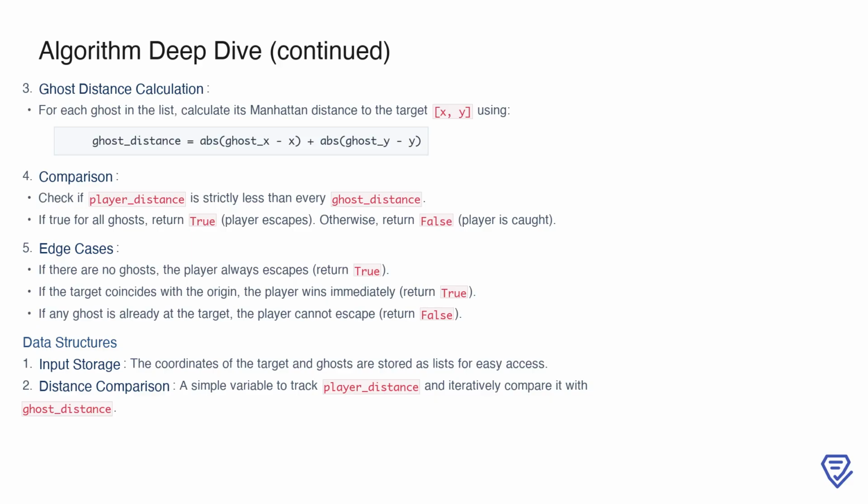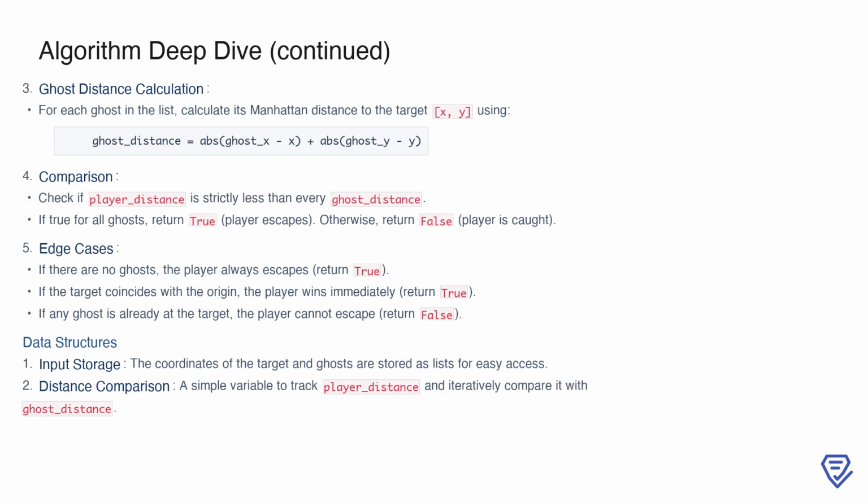After computing these distances, we compare the player's distance to each ghost's distance. If the player's distance is less than every ghost's distance, then the player can escape, and we return true. Otherwise, if even one ghost has an equal or smaller distance, the player is caught, and we return false. There are a few edge cases to consider.